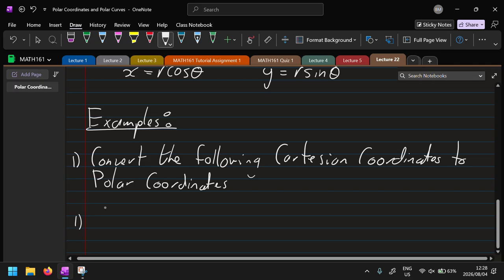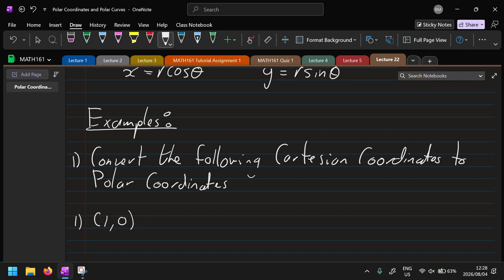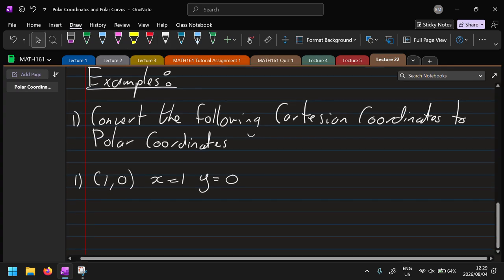Okay, so number 1, (1, 0). Okay, so now we know that this is in Cartesian form. So the first entry must be x and the second entry must be y. Okay, so we know x and y. So we want r and theta. So what is r going to be? 1. Yeah.